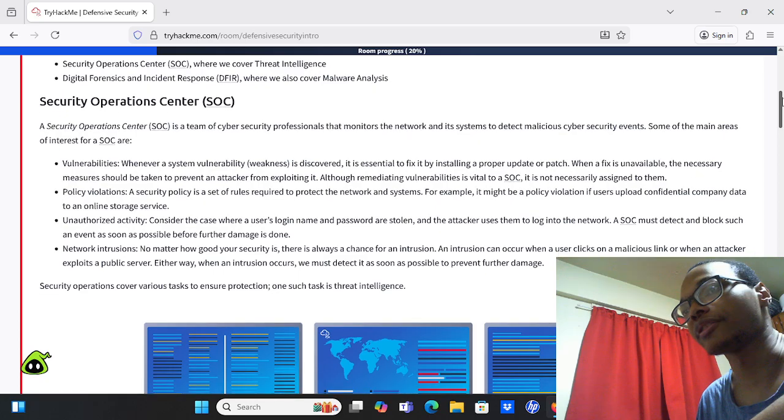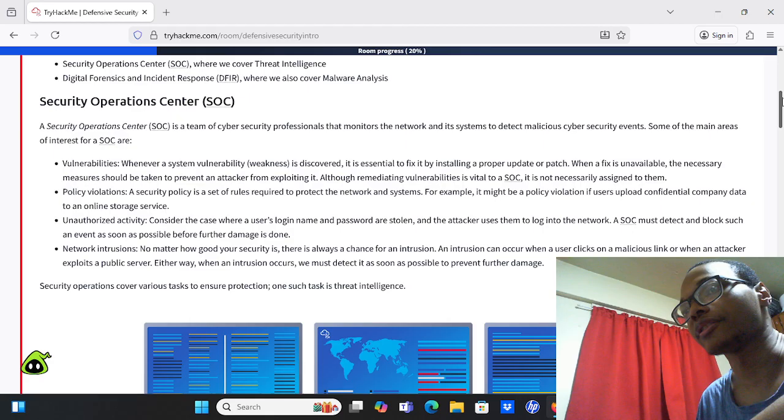Some of the main areas of interest for SOC are vulnerabilities. Whenever a system vulnerability is discovered, it is essential to fix it by installing a proper update or patch. When a fix is available, the necessary measures should be taken to prevent an attack from exploiting it. Although remedying vulnerabilities is vital to SOC, it is not necessarily assigned to them.